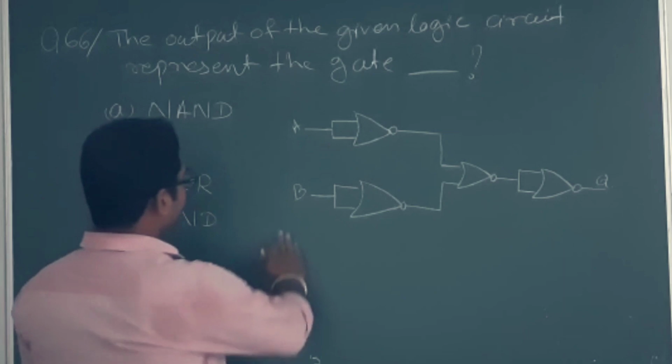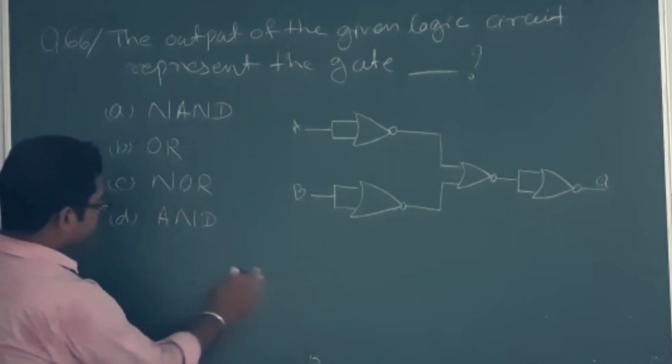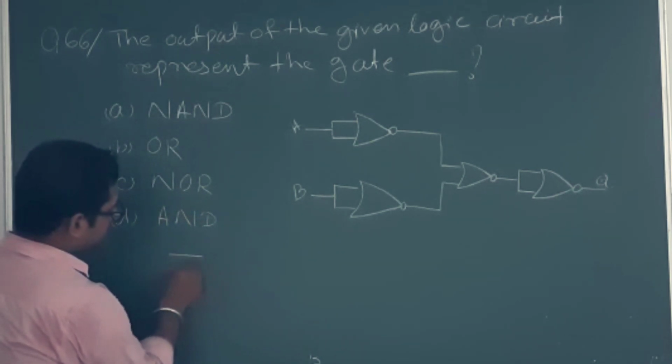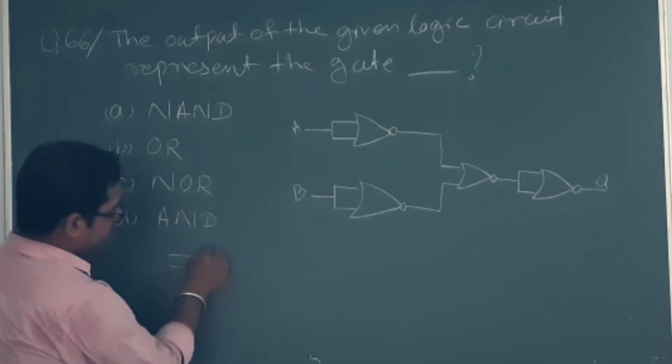So we have four types of gates. The first is the AND gate. The symbol of the AND gate is like that.